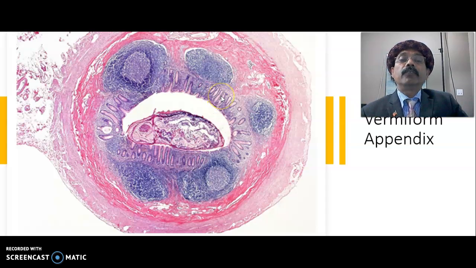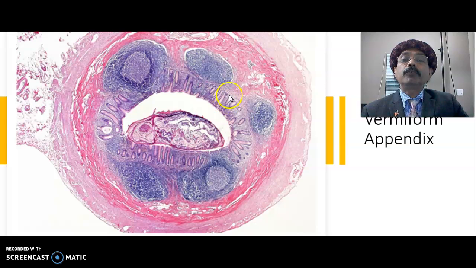They secrete mucus because they contain the mucus secreting goblet cells along with the glandular epithelial cells. This is the lining epithelium. This is simple columnar epithelium, and it does not contain villi. Without villi, the epithelium is supported by the lamina propria.